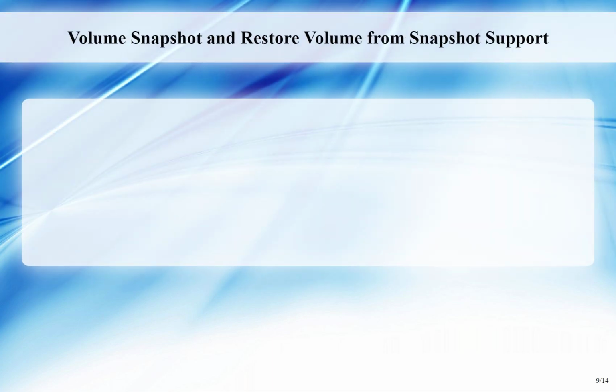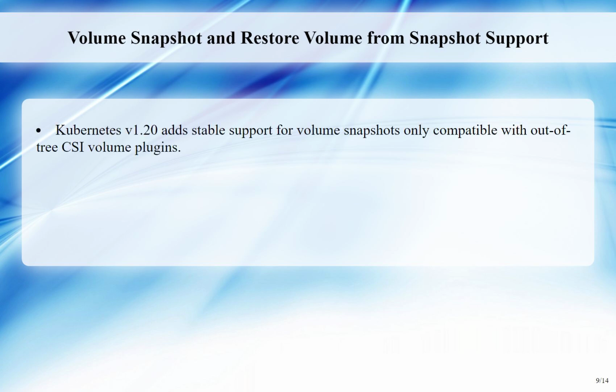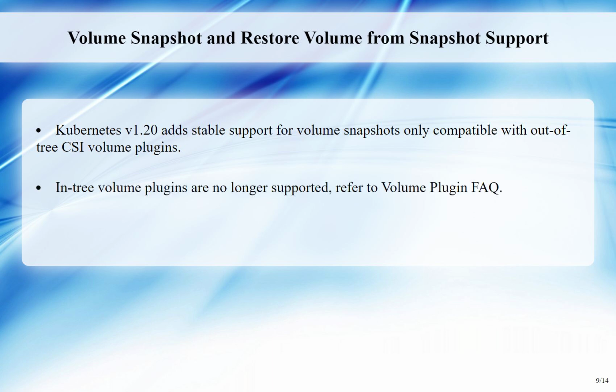Volume snapshot and restore volume from snapshot support. Kubernetes v1.20 introduces stable support for volume snapshots, which are now only compatible with out-of-tree CSI volume plugins. In-tree volume plugins are deprecated, and users can refer to the volume plugin FAQ for more information on this change.